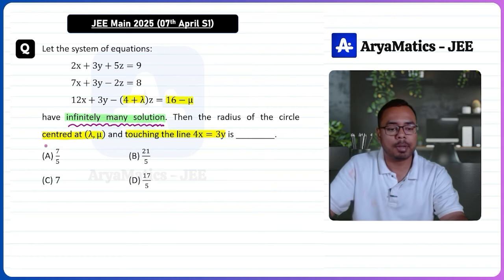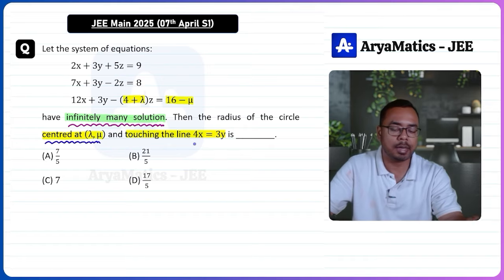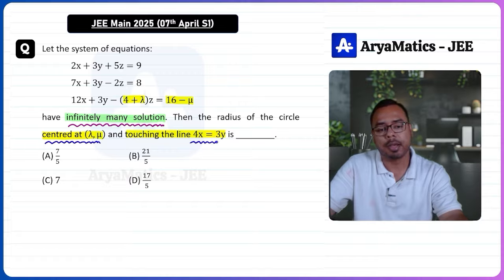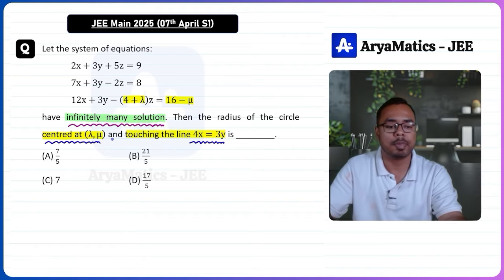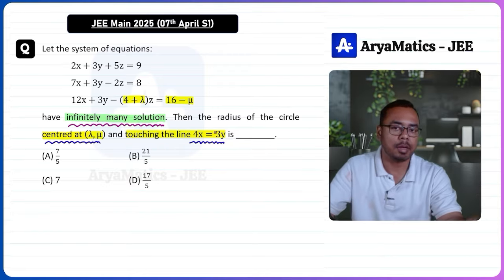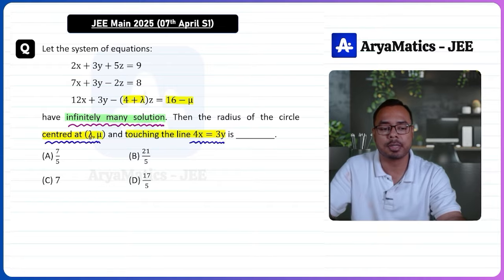Once we have lambda and nu, the center of the circle will be known, and because the line is tangent to the circle, the radius will be nothing but the perpendicular distance from the center of the circle to this line. So the problem is to find lambda and nu, and then find the radius by calculating the perpendicular distance of this line from the point lambda nu.